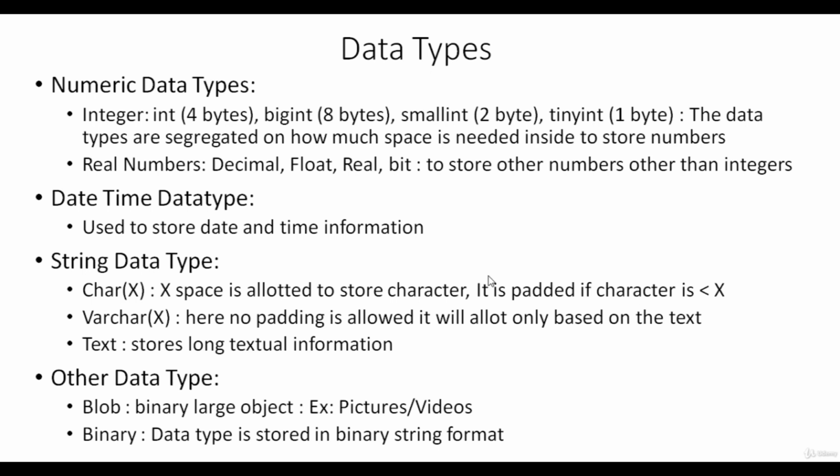So it will store everything in a binary format. Binary means zeros and ones. There is also something called image, which can be used to store images other than blob. These are the different data types available in SQL. While deciding the tables which you create, you can decide which type of data it is going to store, and based on that you can define these data types.